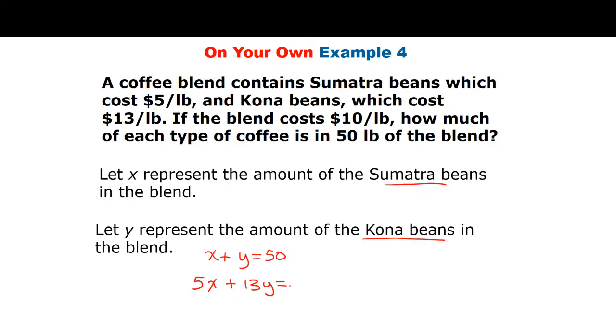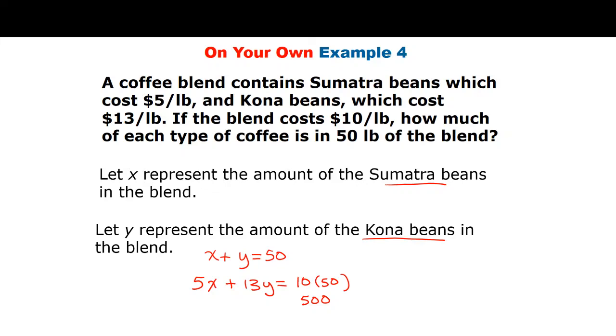All right, and that's going to equal 50 pounds, but we know that it's $10 for 1 pound, and we want 50, so that's how much it's going to actually cost us. So it's going to be $500. All right, and so we have x plus y equals 50, and 5x plus 13y equals 500.